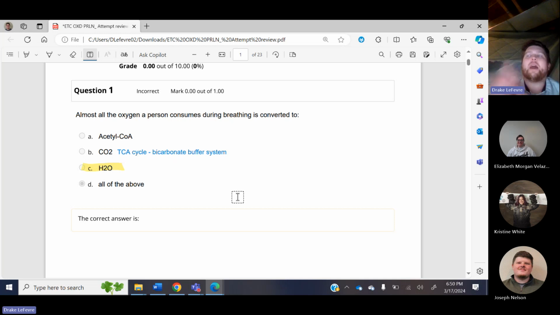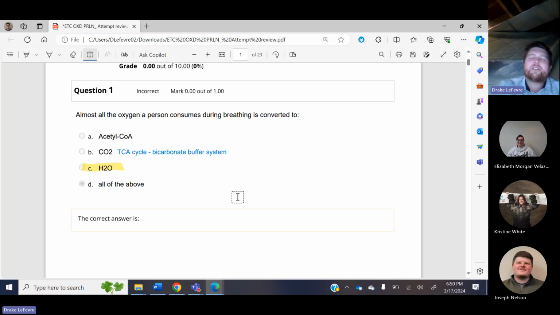There's a little shift in a game that our body plays to go back and forth between CO2 and bicarbonate in order to transport the carbon dioxide through our blood until it gets to the lung, and then it converts back to CO2 inside our lung and gets switched out and replaced by oxygen.